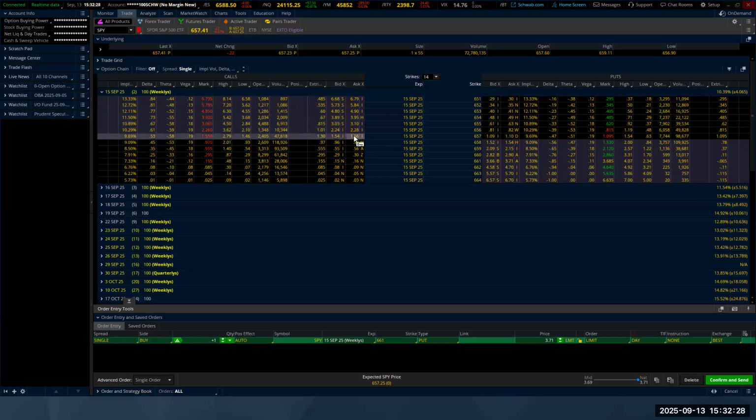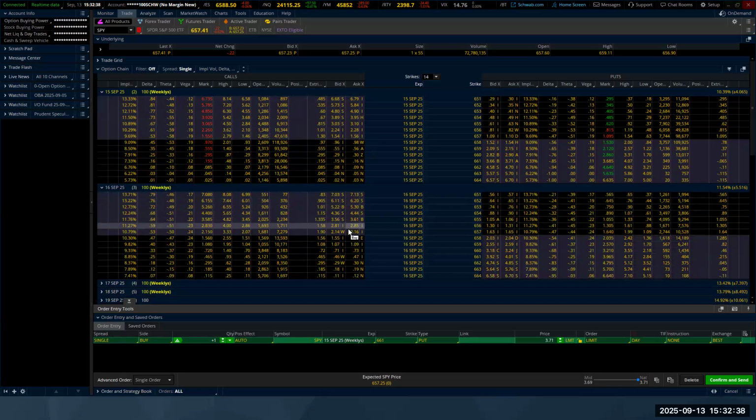So if you trade the 657s today and you sell out of them, that's one day trade. But if you go out and buy the 657s tomorrow and sell them, that's a different expiration, so it's not the same trade, so to speak. So you're not repeating that same day trade.